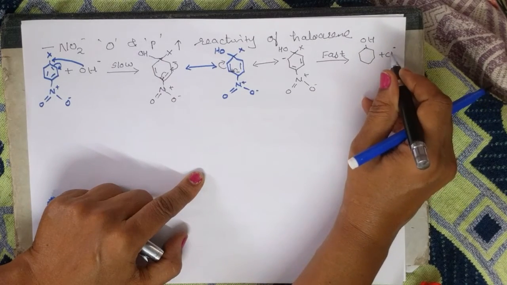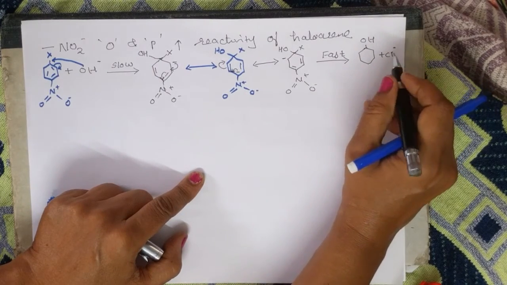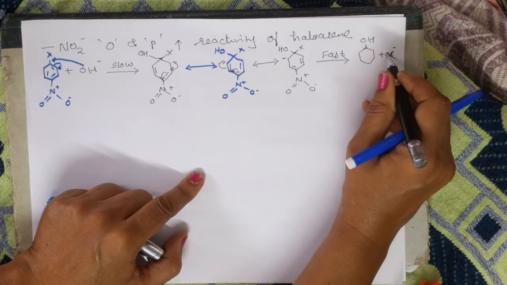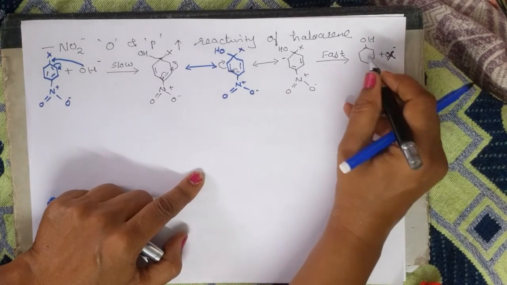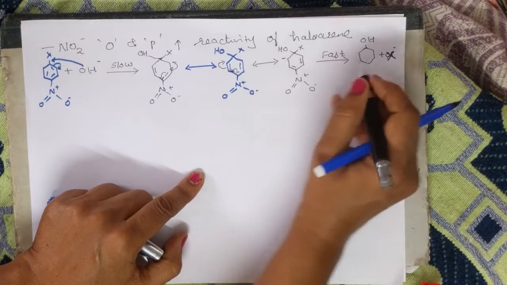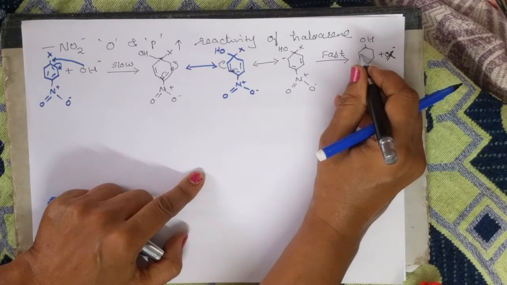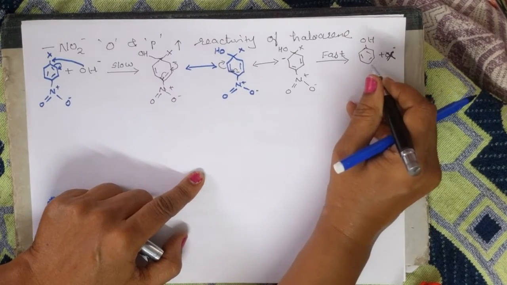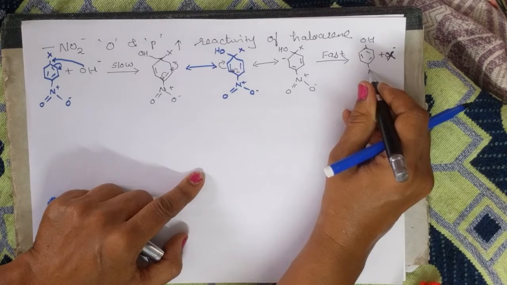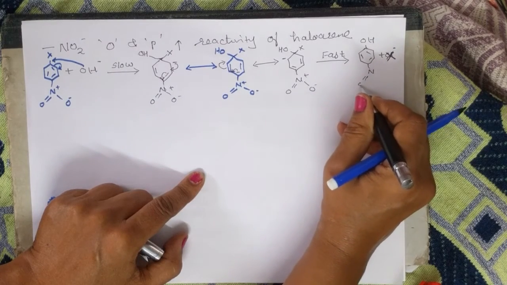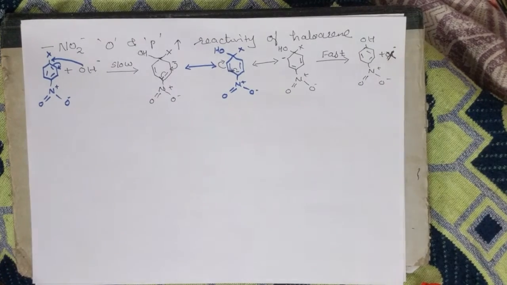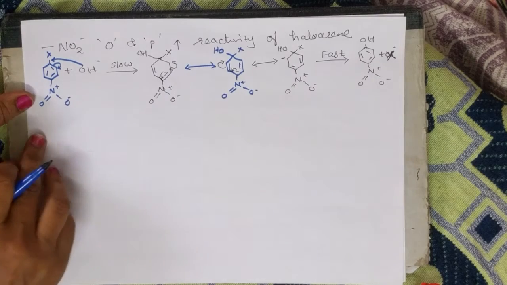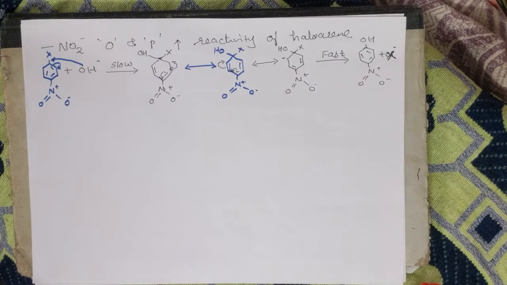Here suppose we have taken Cl or X minus as a leaving group, and for this resonance we have the NO2 group, O minus and N plus. Thus we have taken the nitro group at the para position.